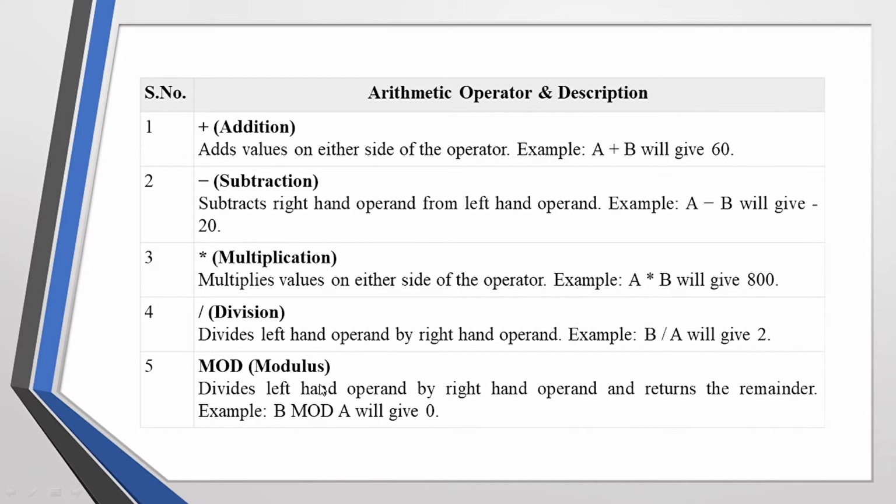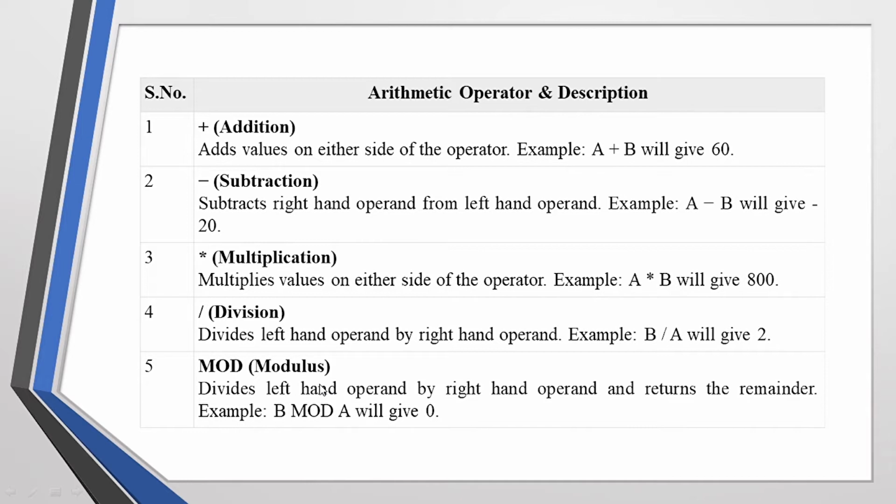Similarly for subtraction, a space minus space b, and likewise for multiplication and division. When we use division, we get the quotient. For example, if you divide 25 by 5, what will we get?